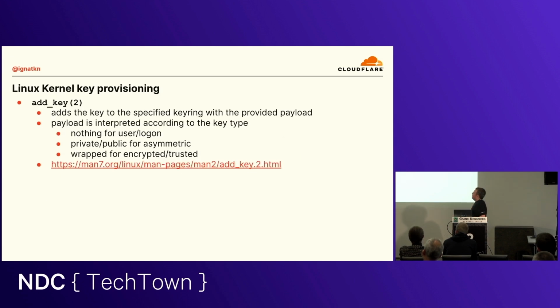So the Linux kernel key retention service, or the keystore, provides two system calls to manage the key objects. One of them is add key, which we used in all the examples, which allows you to add a particular cryptographic material as a key.